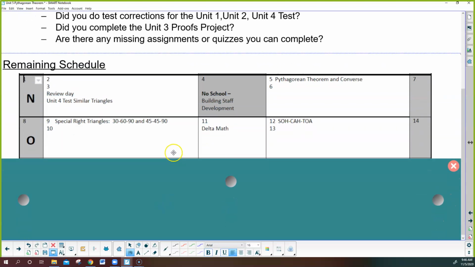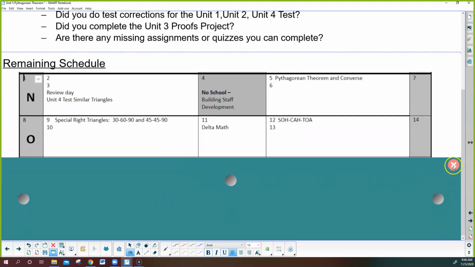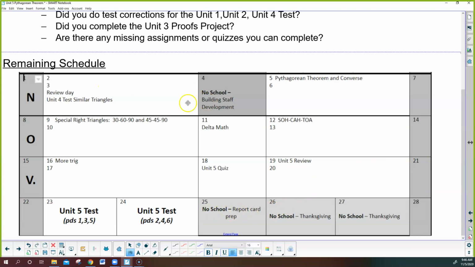I just want to show you our schedule so you can see what's left and what we have going on. We are right here today. We're going to learn the Pythagorean theorem and the converse. And then we have special right triangles, SOHCAHTOA, and a review of more trig. And then we've got a quiz, a review, and then the last 2 days before Thanksgiving break. This is the end of the trimester.